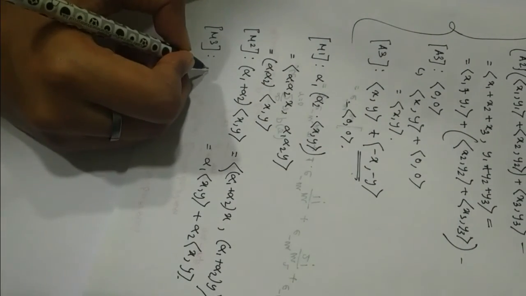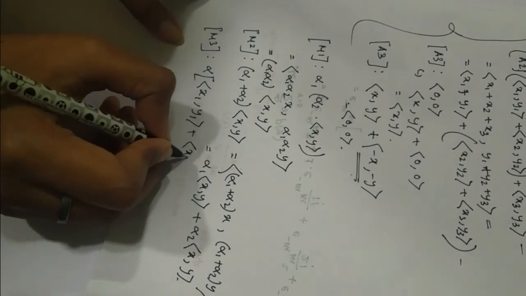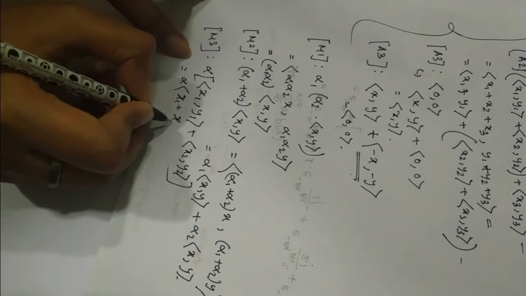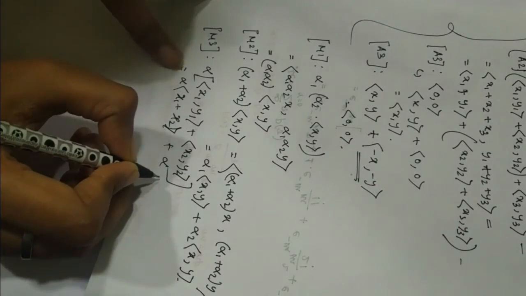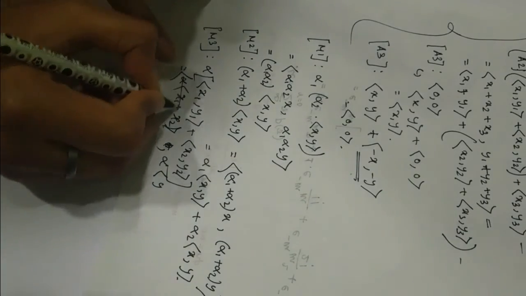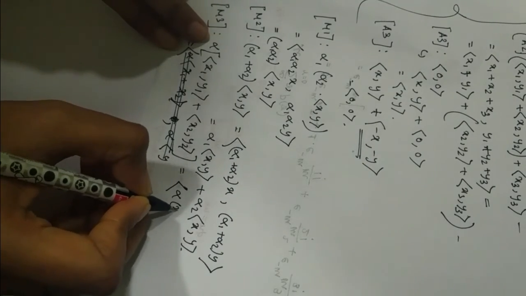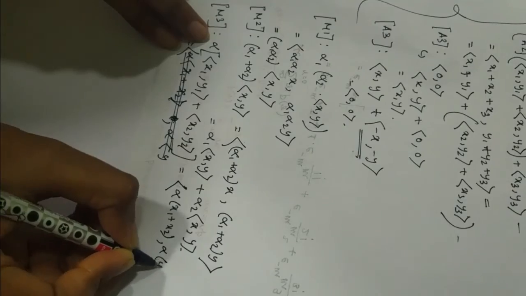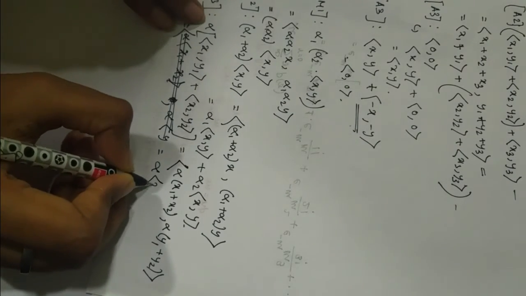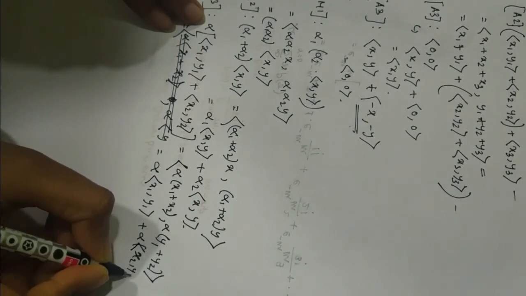M3, the addition of vectors needs to distribute. So alpha ((x1, y1) plus (x2, y2)) is nothing but we can write it as (alpha (x1 plus x2), alpha (y1 plus y2)), right, which is equal to, the alpha can be taken outside, alpha (x1, y1) plus alpha (x2, y2), right?